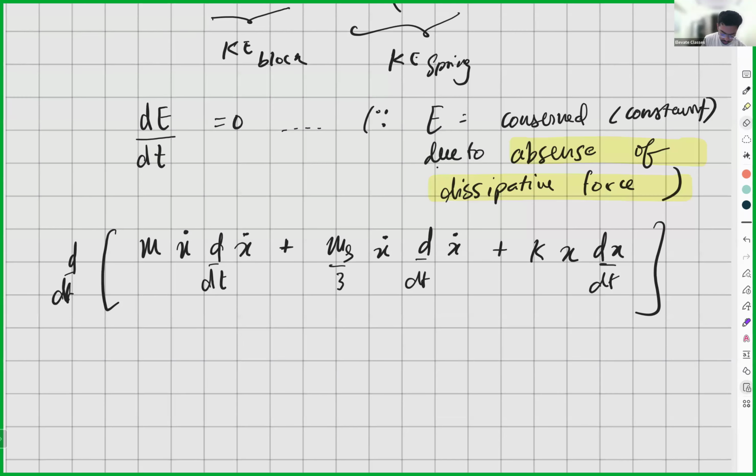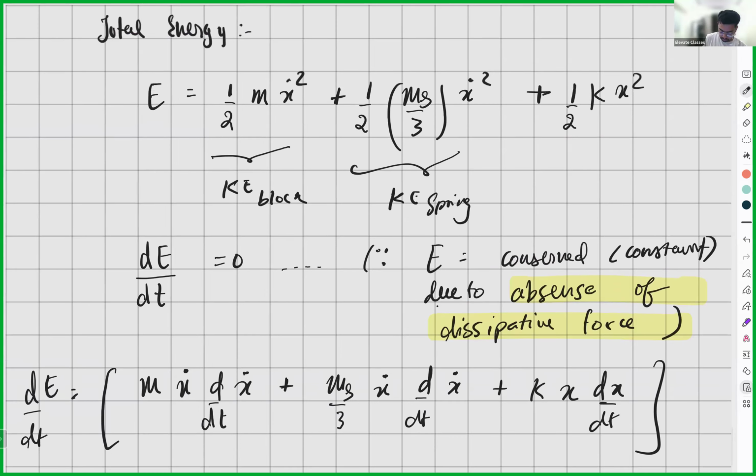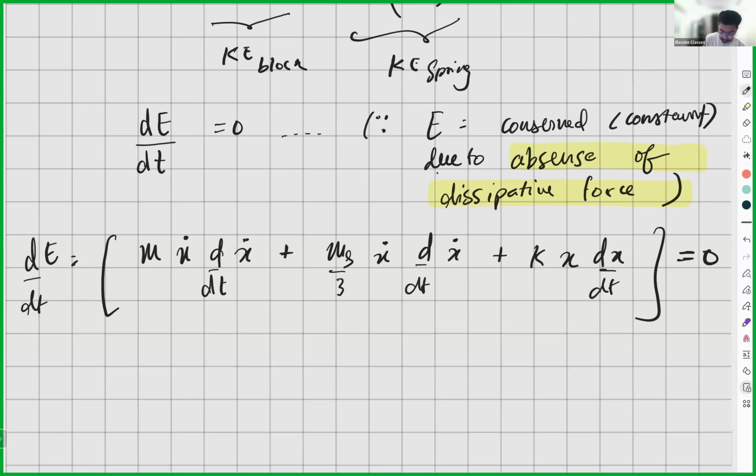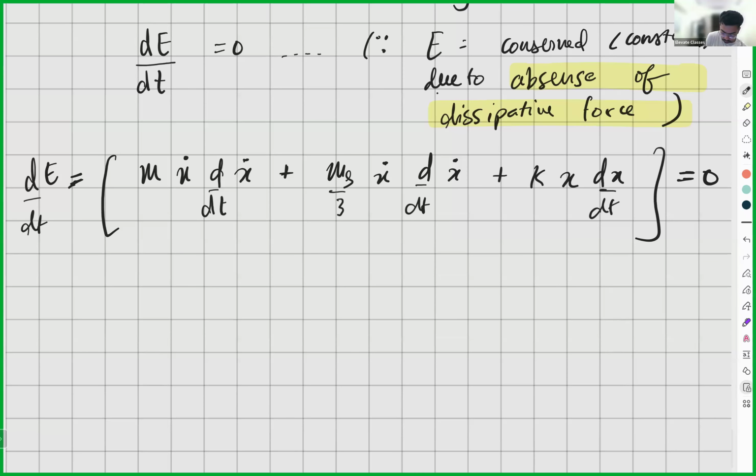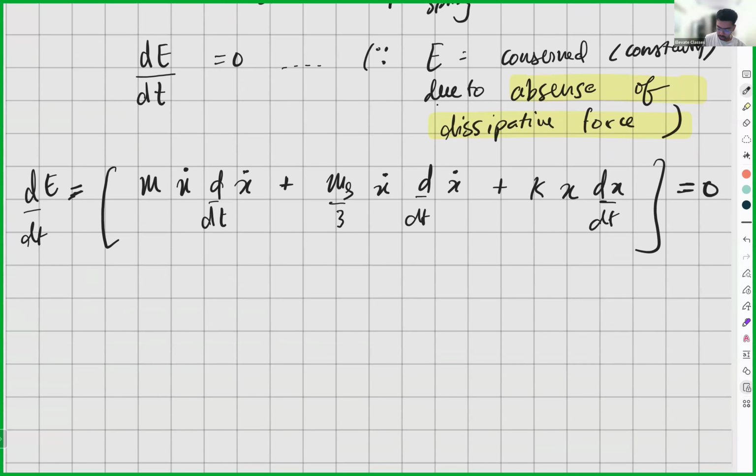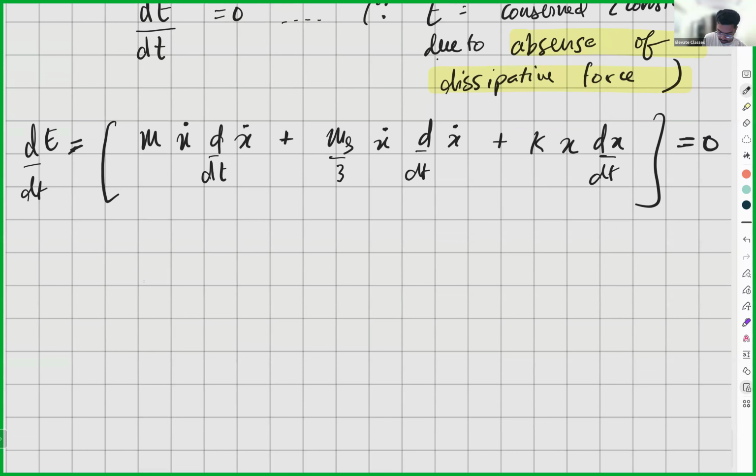Okay, I have taken the derivative already. So this is dE by dt, which is equal to 0, from the previous step. Which means that m into x dot into x double dot plus ms by 3 into x dot into x double dot plus k x dot equals 0. Right?